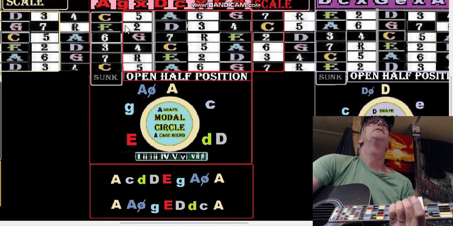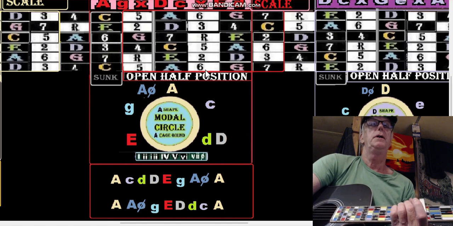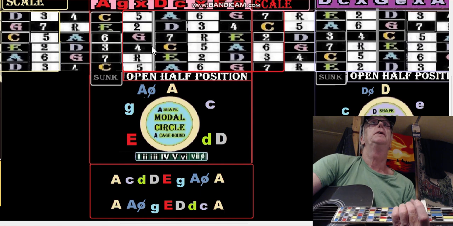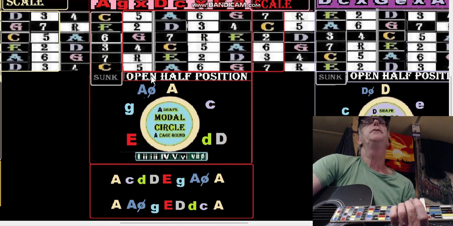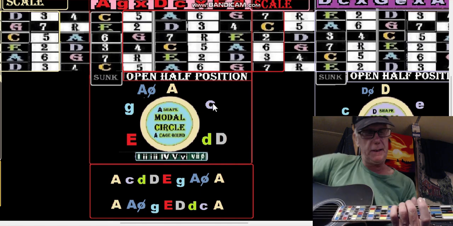Instead of going to 6, 2, 4 up here, and by the way, if you get one note per string, you have a repeat of the triad, whatever it is. Here's the second inversion, D minor, 2 minor, whatever it is, 6, 2, 4, 6, 2, 4. But we've got the half position if you have the capo there. So now we're going to do the C minor shape.